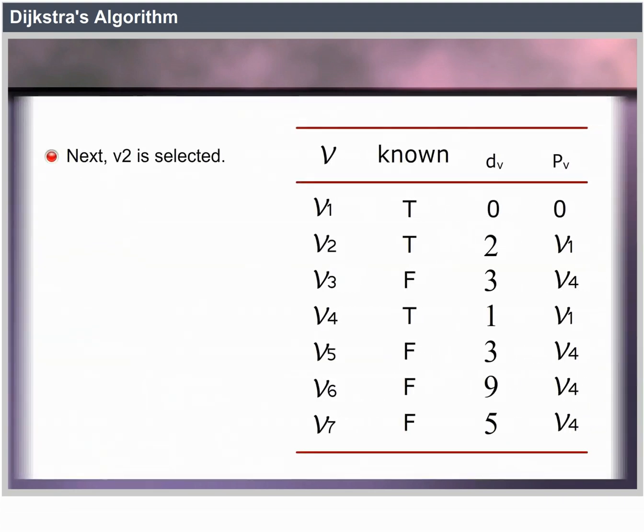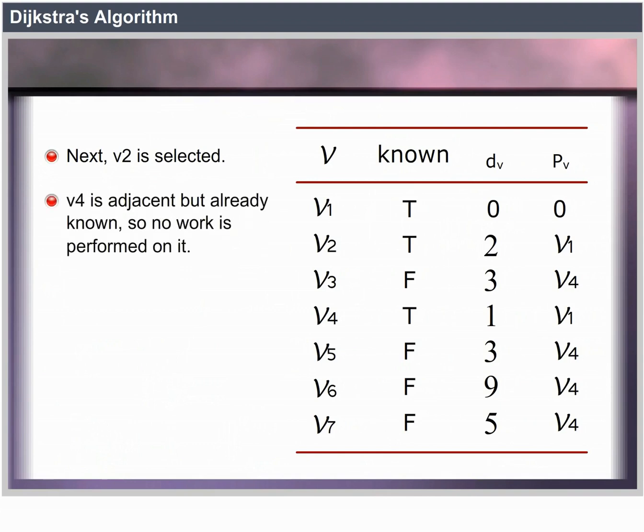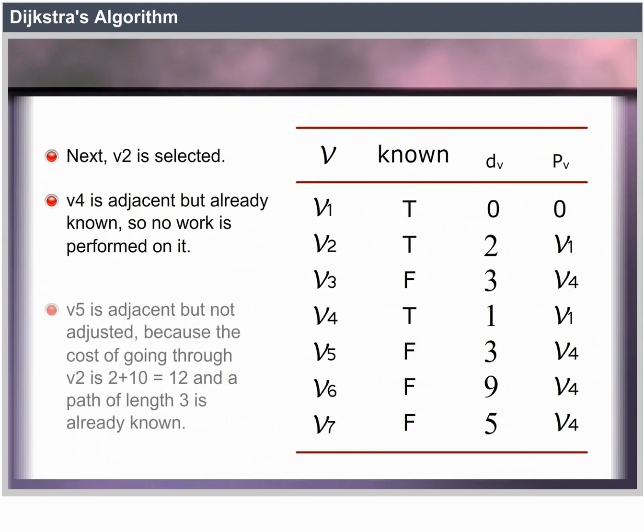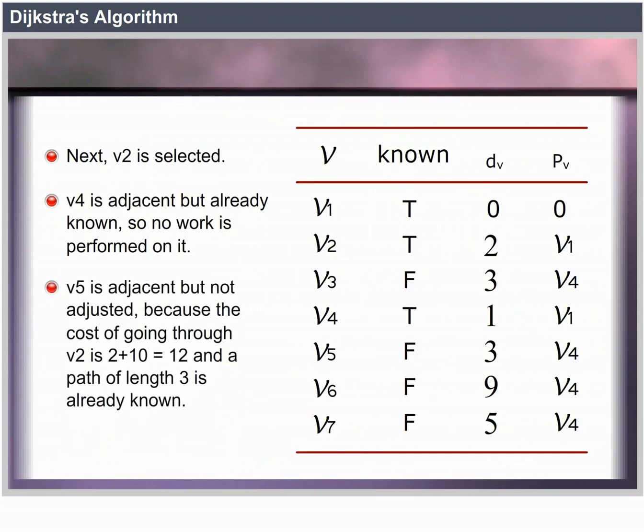Then next, v2 is selected. v4 is adjacent but already known, so no work is performed on it. v5 is adjacent but not adjusted because the cost of going through v2 is 2 plus 10 equals 12 and a path of length 3 is already known.